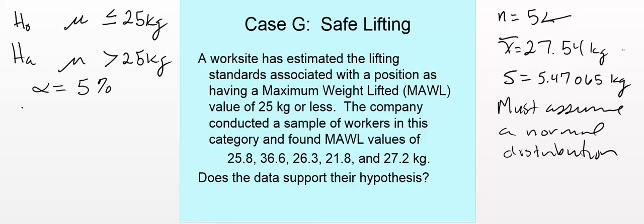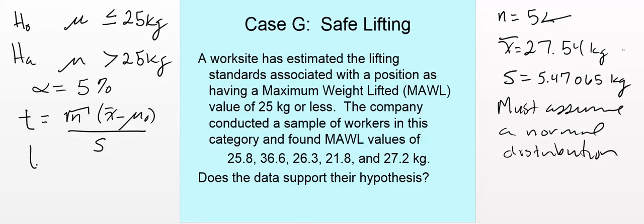Our t statistic can be obtained from the equation square root of n times x bar minus the hypothesized mean divided by s.